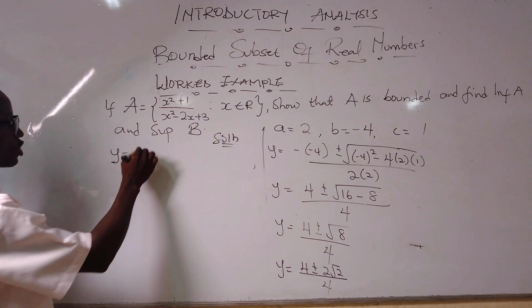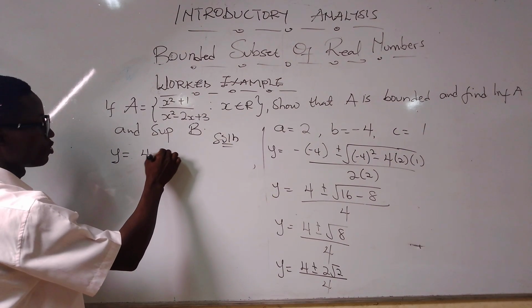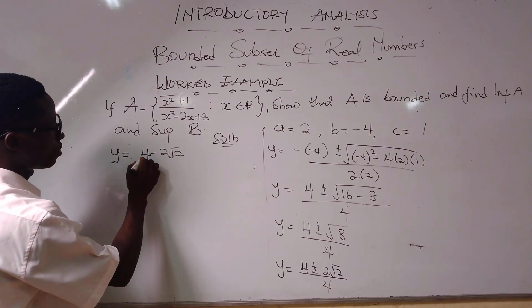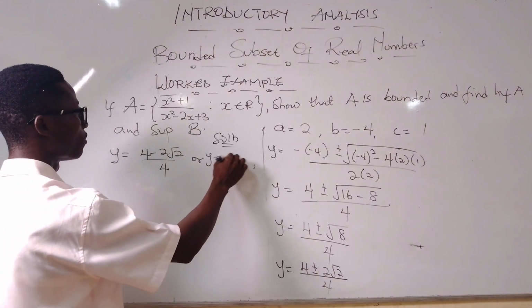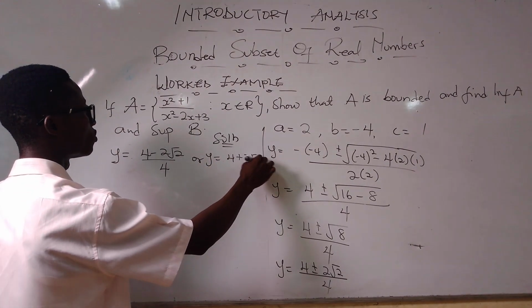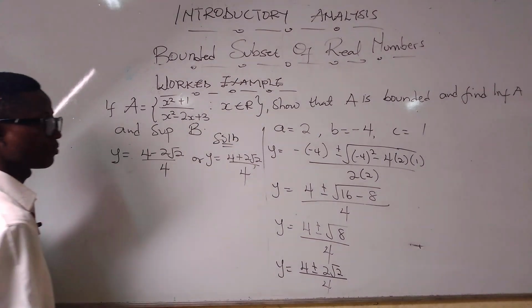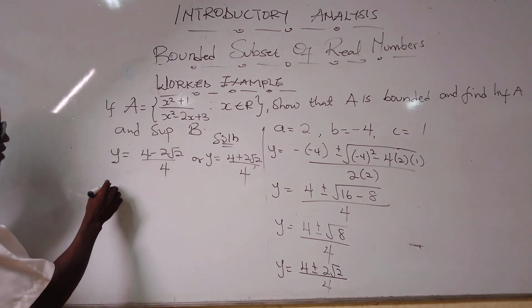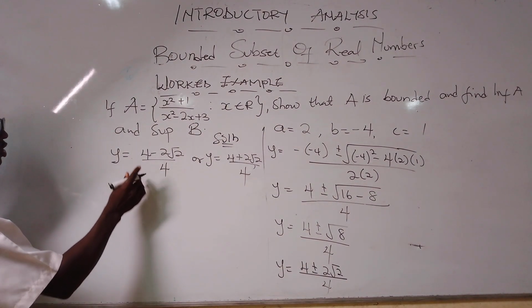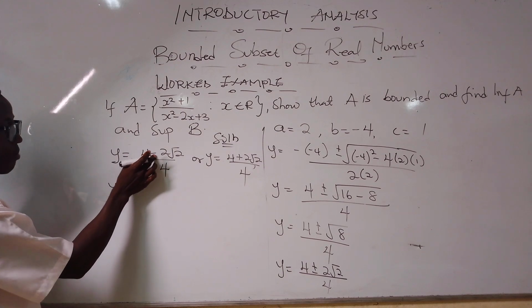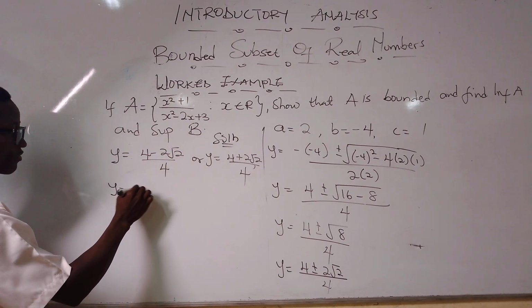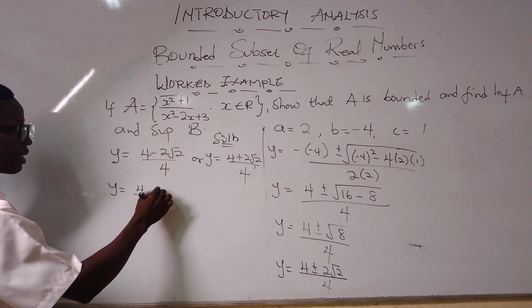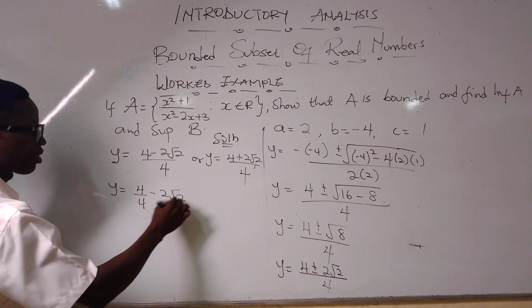y can be equal to 4 minus 2 root 2 on 4, or y is equal to 4 plus 2 root 2 on 4. So which can be written as 4 over 4 minus 2 root 2 on 4.